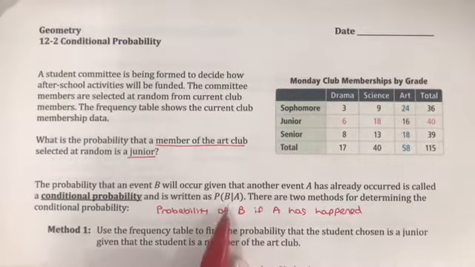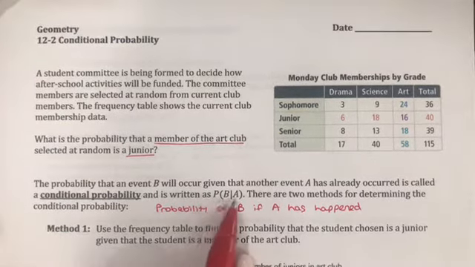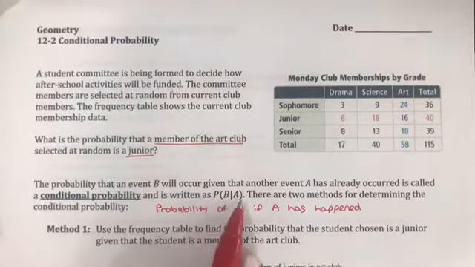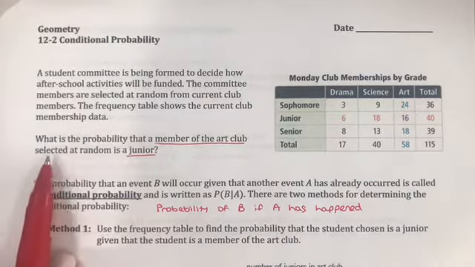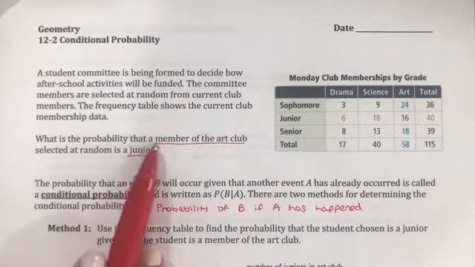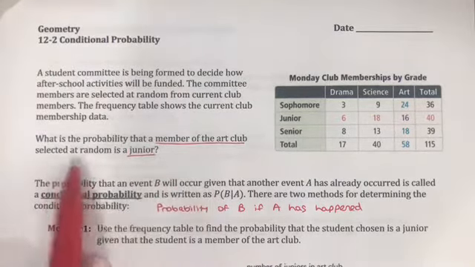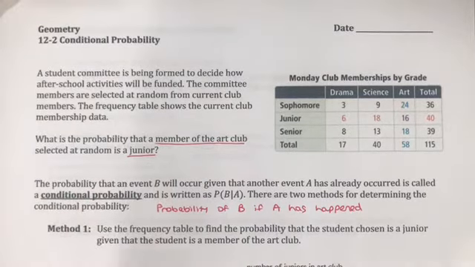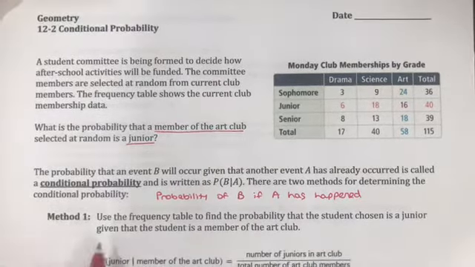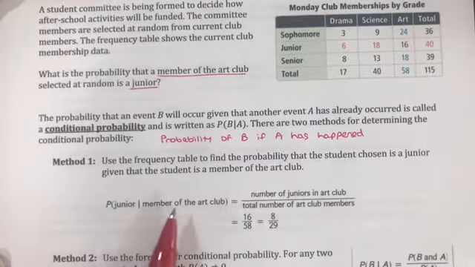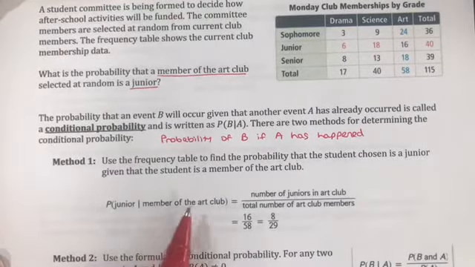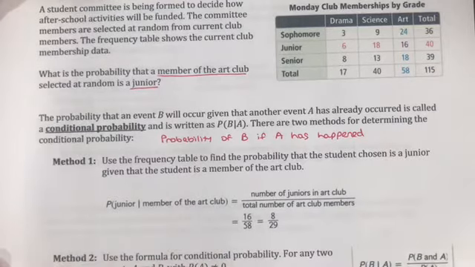That's sometimes how I read this. You kind of go in order. The probability of B happening if A already happened, okay? So in this case, we're saying the probability that it's a junior if it's a member of the art club, okay?